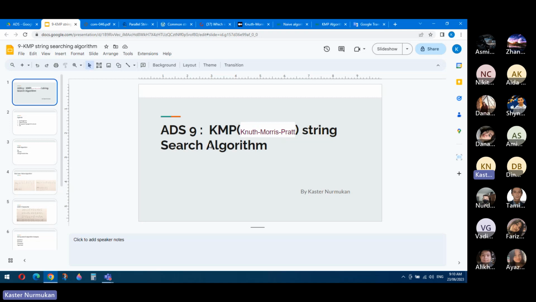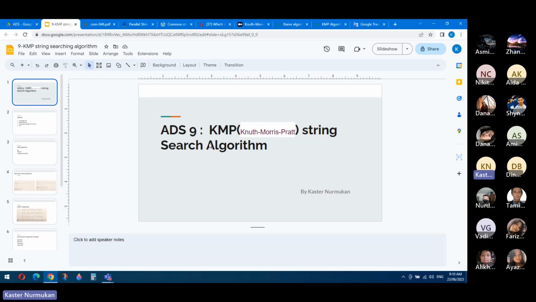By the way, at that time, the Rabin-Karp string algorithm had best and worst case complexity of n plus m, which is better than the naive searching algorithm, the brute force algorithm, with n multiplied by m time complexity.